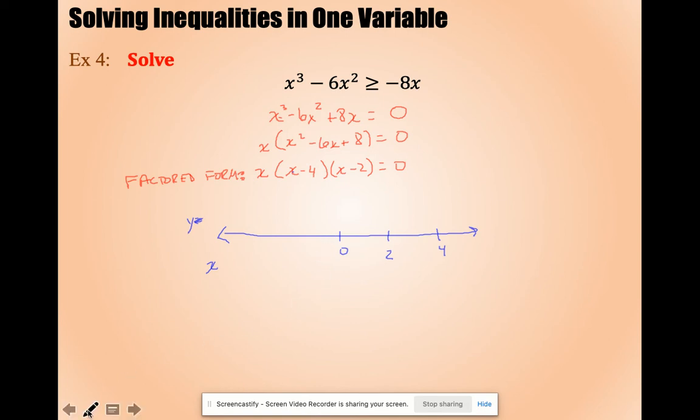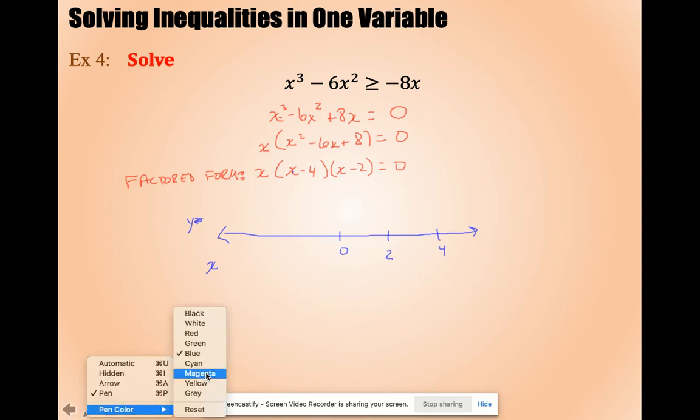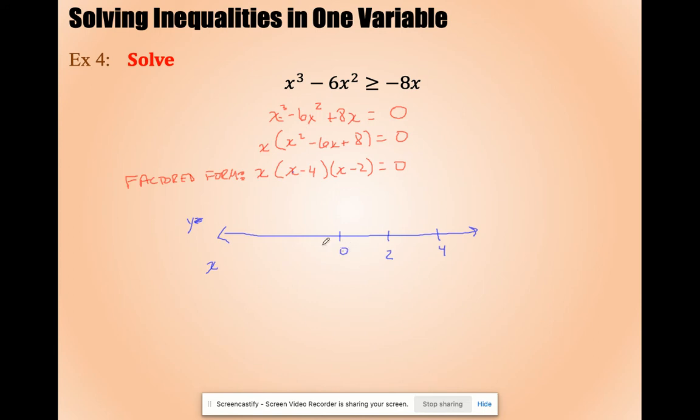Now, choose a number in each section. So pick a number like -10 or -100 or -1, doesn't matter. I will be multiplying times a negative value. -10 minus 4 is negative. -10 minus 2 is also negative.